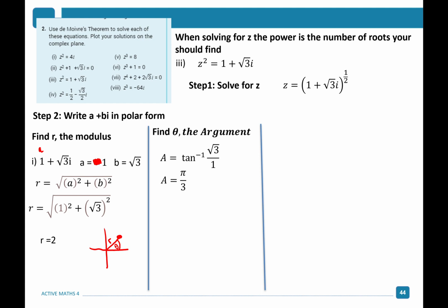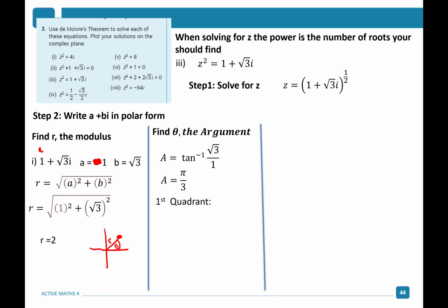Alpha, our reference angle, is equal to pi over 3. This is the angle for this complex number in the positive x and y quadrant, i.e. in the first quadrant.